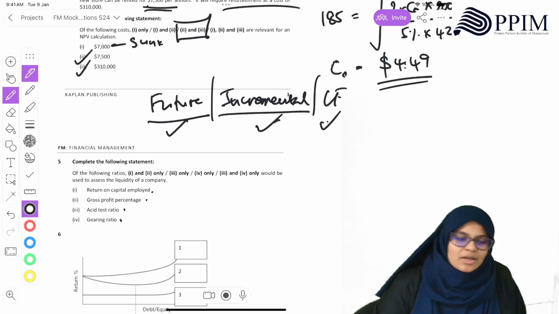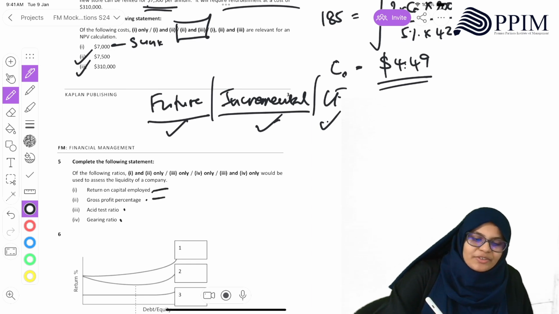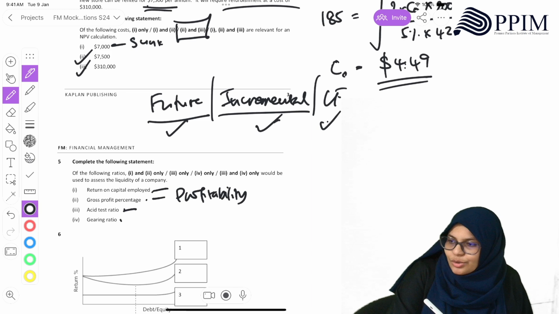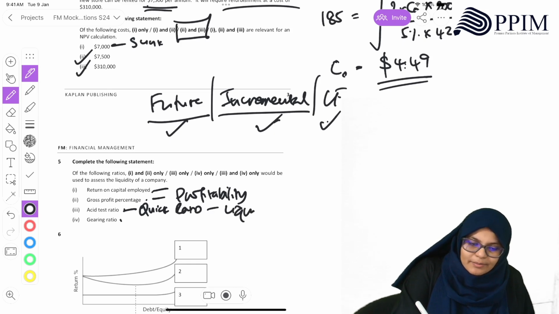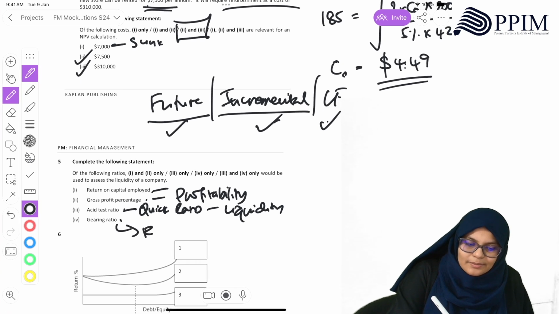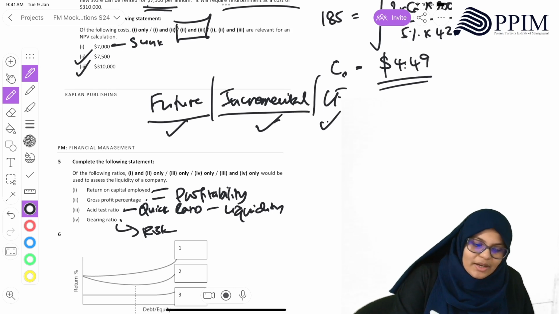Okay, good. So ROCE and gross profit percentage, we all know, is to do with profitability. Acid test ratio, we do know that it's also called the quick ratio. It is to do with liquidity. Gearing ratio is to do with risk. So they are asking me which would assess liquidity of the company. Only the acid test ratio, that is 3. Okay.